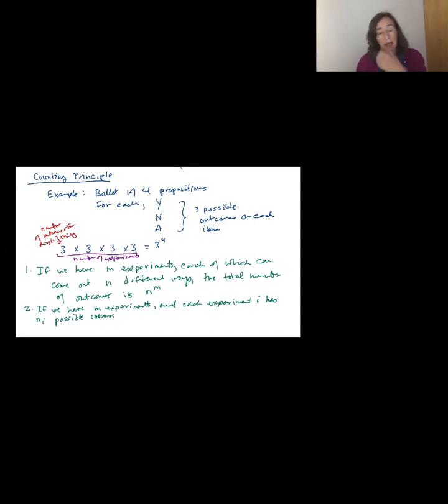For example, we could have yes, no, abstain on the first item, and then we could be voting for one of 4 candidates, and then maybe just a yes, no with no abstention there. We would have 3 times 4 times 2.